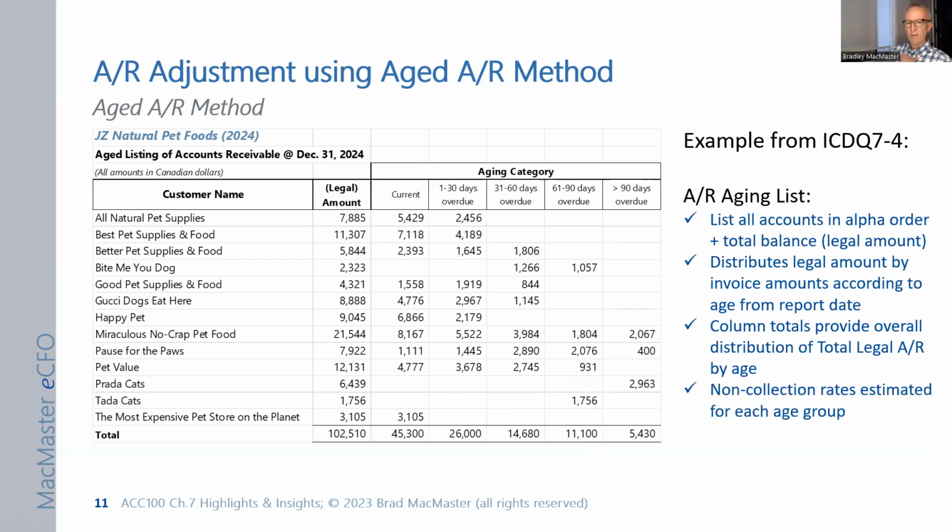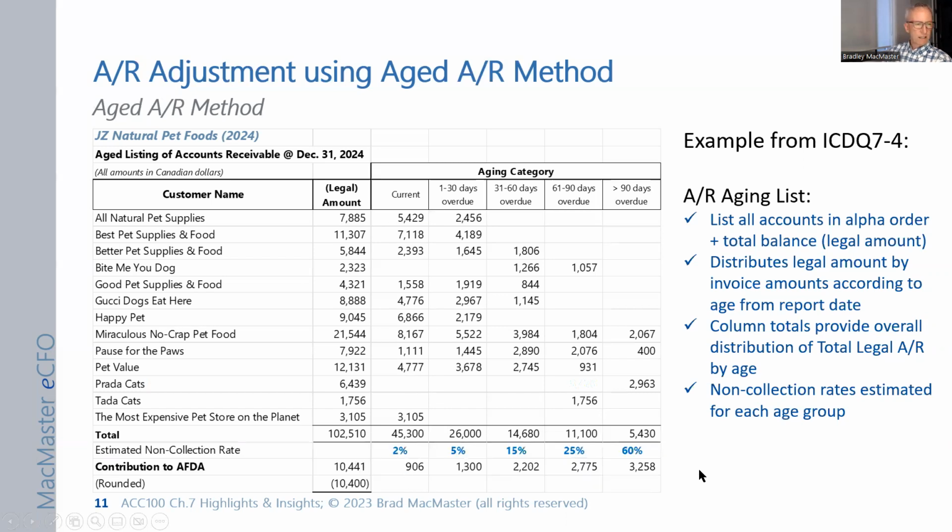And then we have non-collection rates that we develop the same way we had for the overall rate, but this time, instead of doing an overall rate for the total amount of receivables, we're creating a rate for each age category, okay?